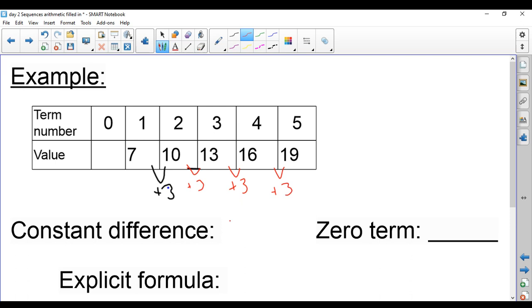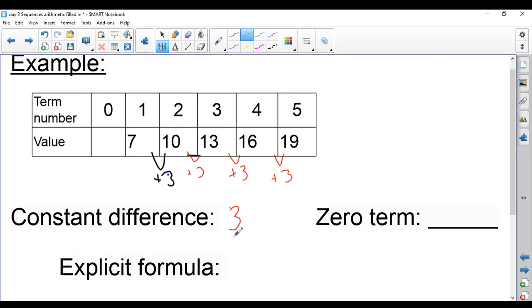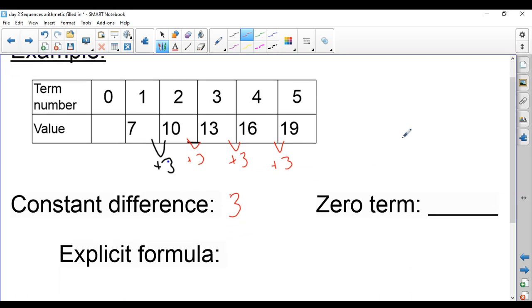So our constant difference is 3. When we write our formula, that constant difference is going to multiply our variable n.